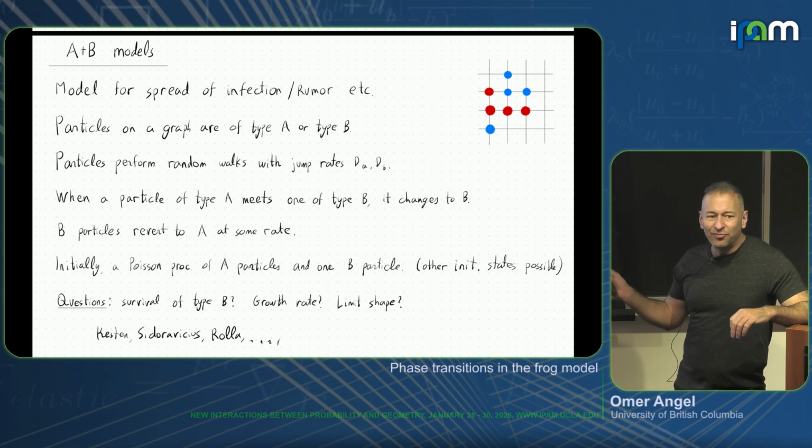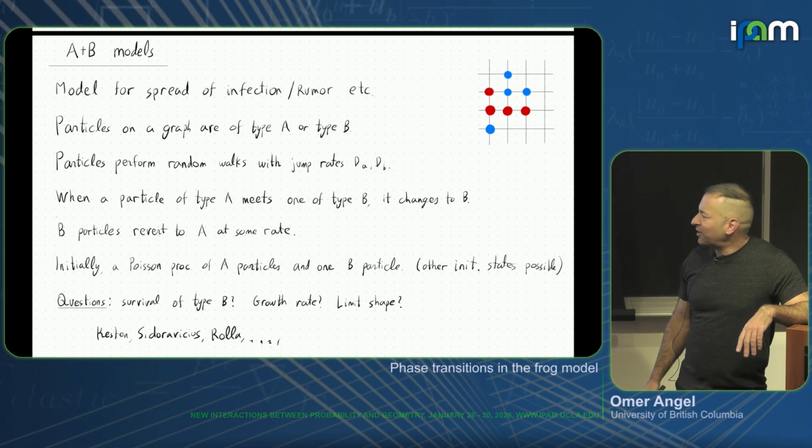We have the movement rates. We have the rate at which particles change their state spontaneously. And if the process does survive, if the type B particles do live forever, you can ask where they are located. Does the number of such particles grow predictably?